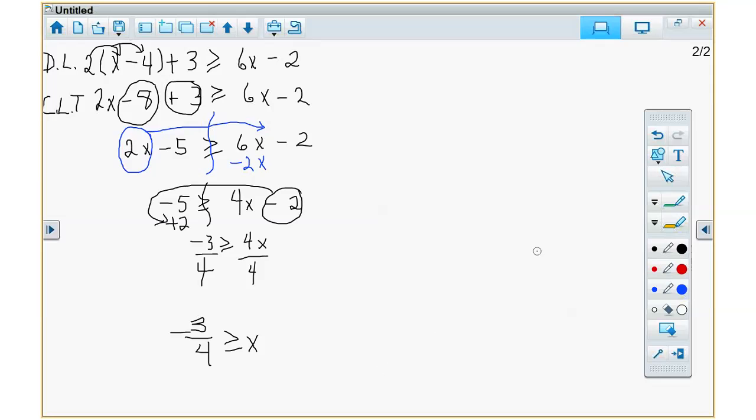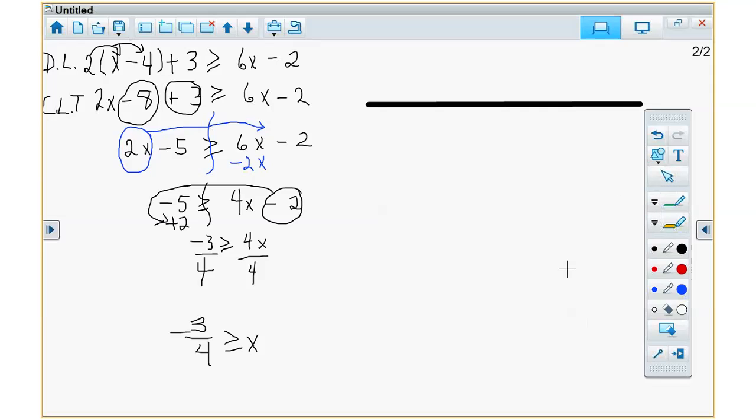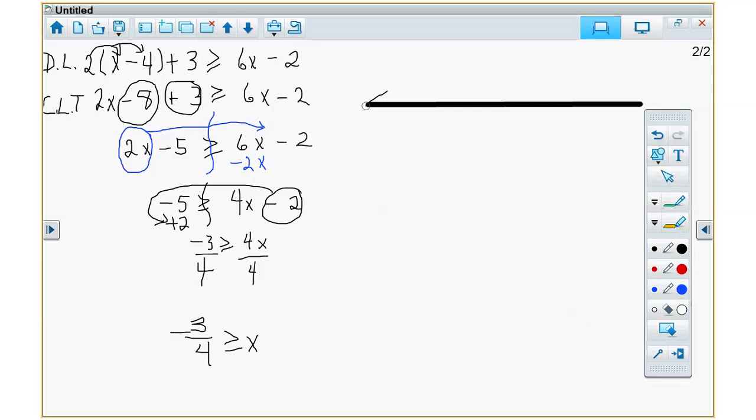So I'm going to draw my number line. There's my number line. This is 0. This is -1. And this is +1.